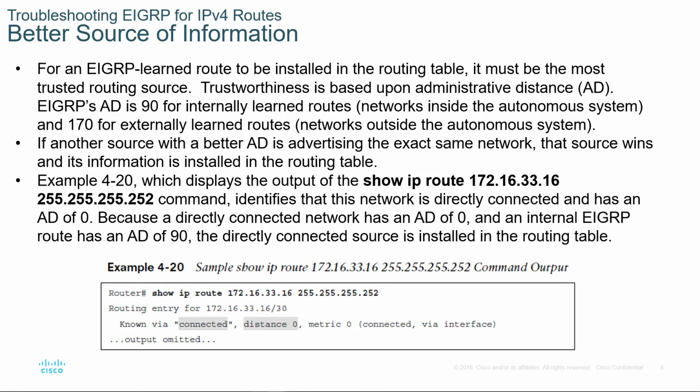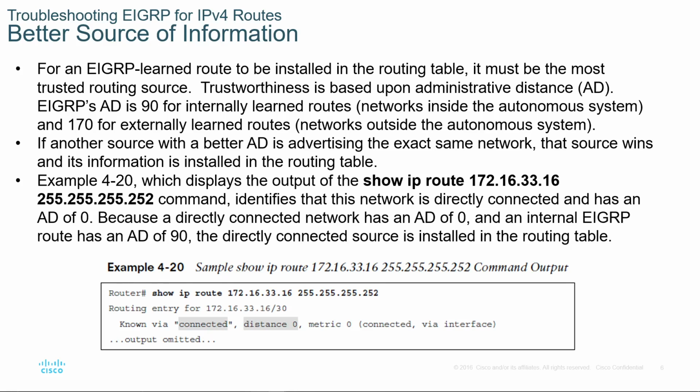Now, some things to remember when we go through and look at our routing tables. Remember, EIGRP learns these routes from their own directly connected networks and the routes being advertised from other devices.